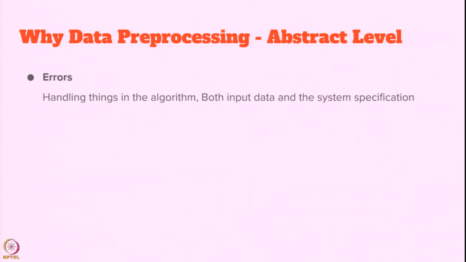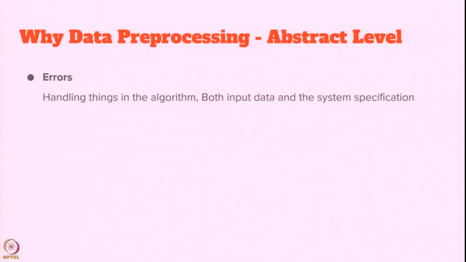Apart from making it useful, apart from making it efficient and effective, what else can you do? What are the other challenges which make us use data preprocessing? The answer is, one more dominant one where we require data preprocessing is errors.